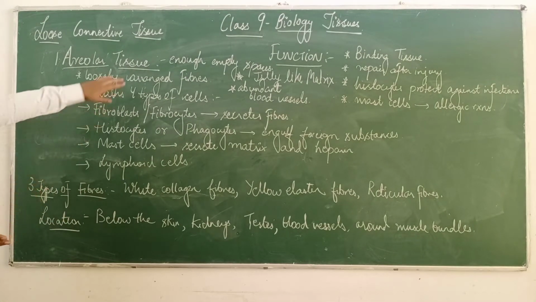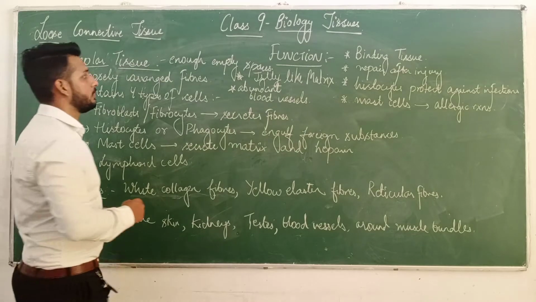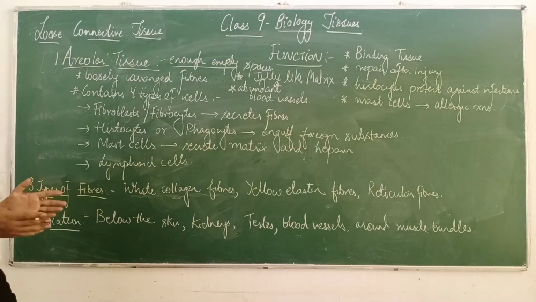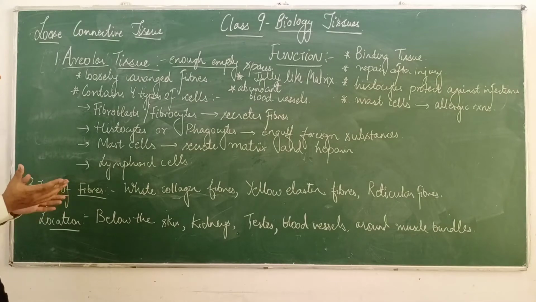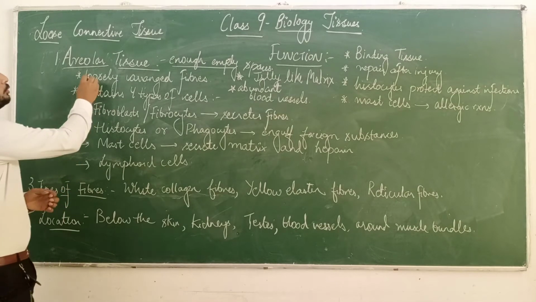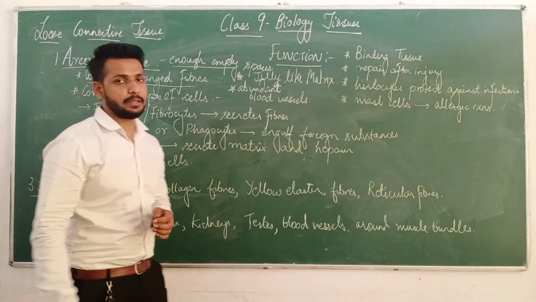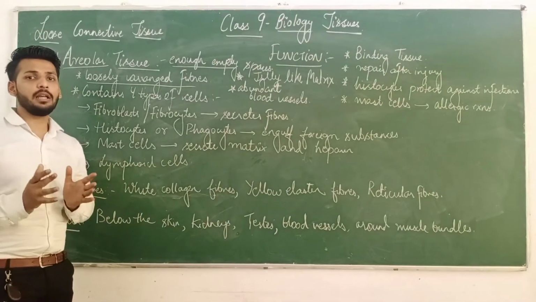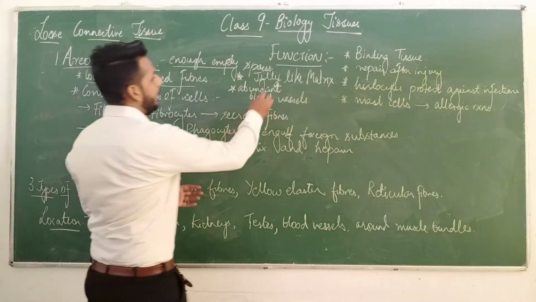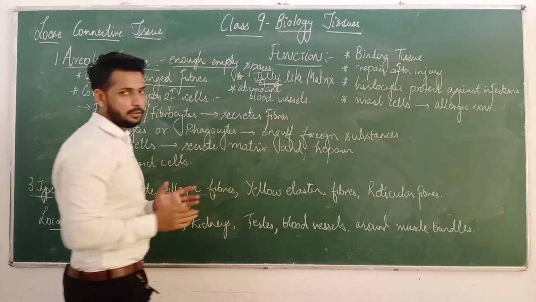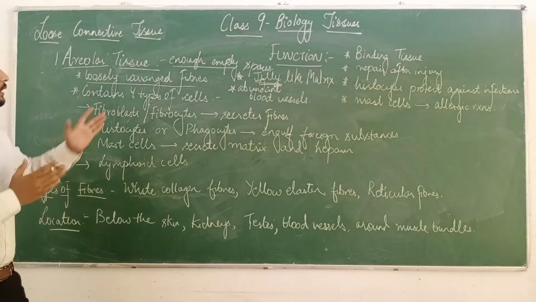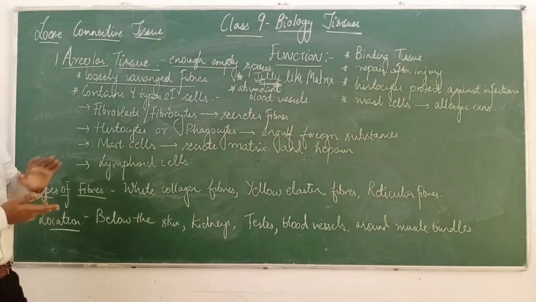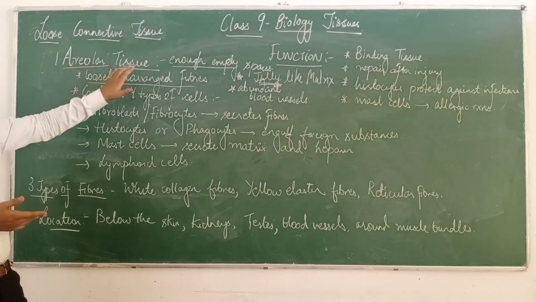You can see there are enough empty spaces, and those empty spaces are of matrix, and loosely arranged fibers are present. Few fibers are loosely arranged in a jelly-like matrix. That's why we call it areolar tissue.